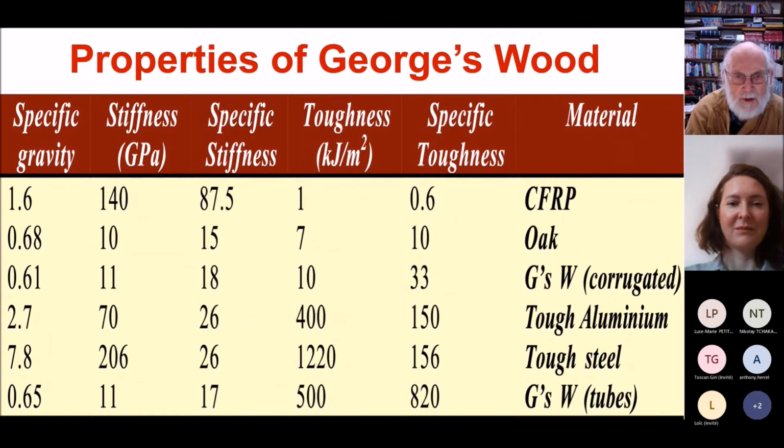We've got carbon fiber reinforced plastic solid, oak wood, George's wood made in a different way. I call this George's wood because we never thought of a better name for it. Some tough aluminium, some tough steel, and George's wood made out of the tubes, as I've just shown you. And weight for weight, George's wood can absorb 5 times more energy in fracture than the toughest steel. It's brilliant material. Unfortunately, being new, nobody knows how to use it.